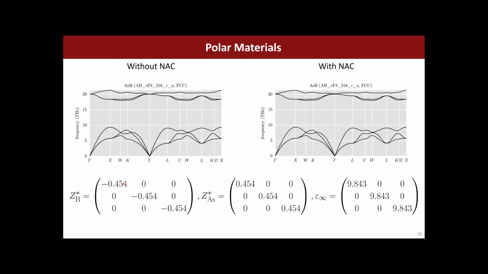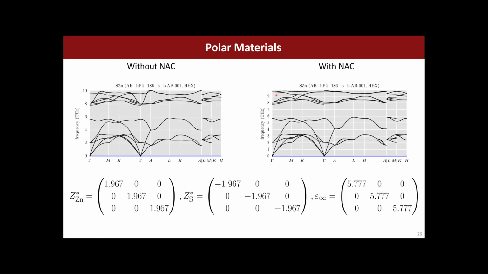We only have -4.54, and we have a much larger dielectric tensor. We do see actually some splitting, but it is tiny. If you really squint hard, you see a little bit of a splitting here, but it's much smaller than for magnesium oxide.